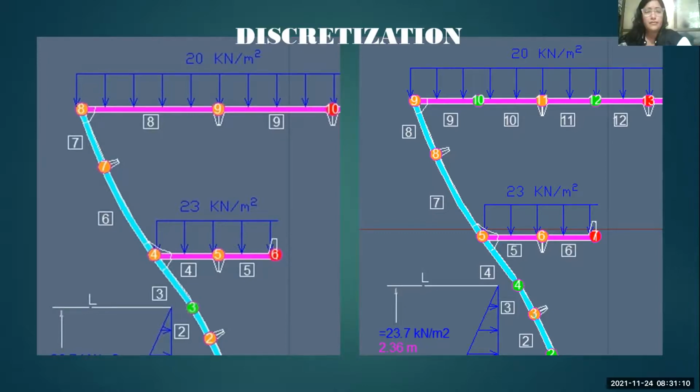The angle. The cable is in element 7 or node 7? Element 7. What would you change?